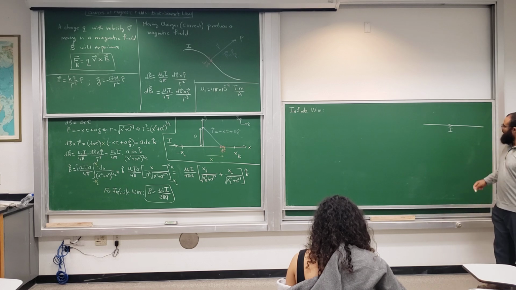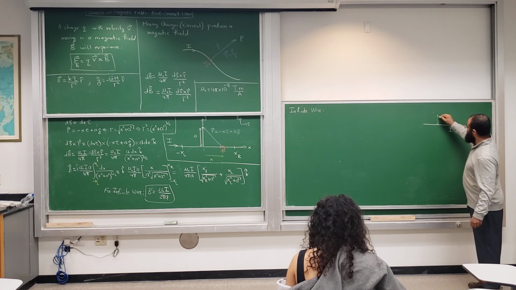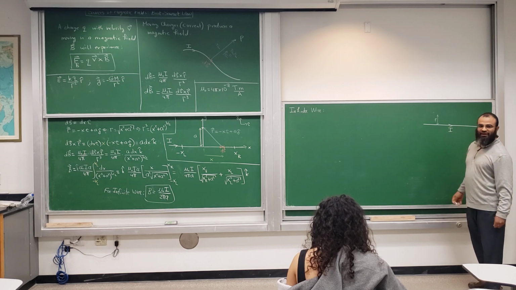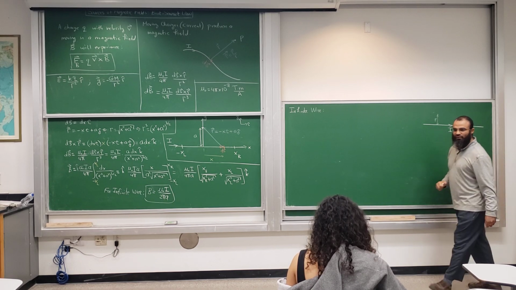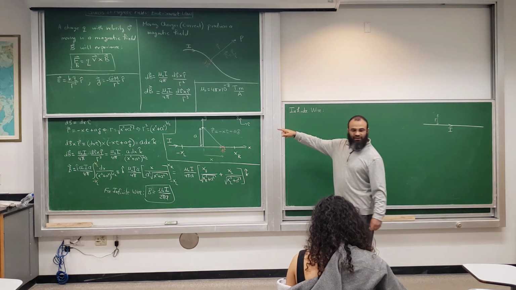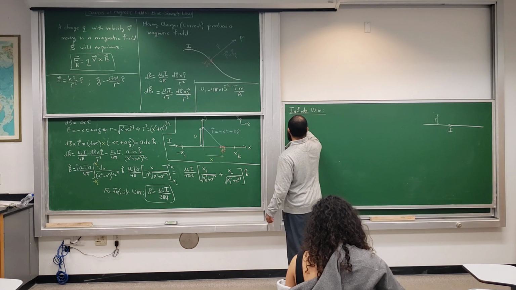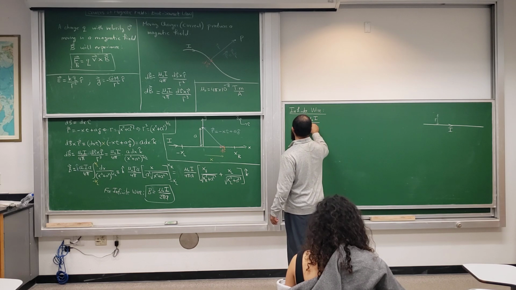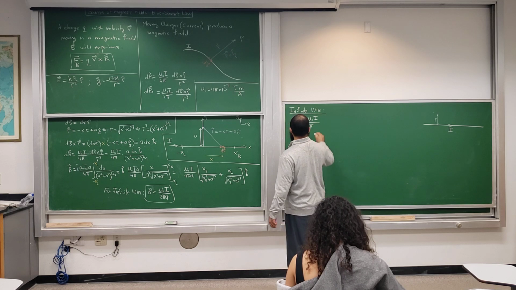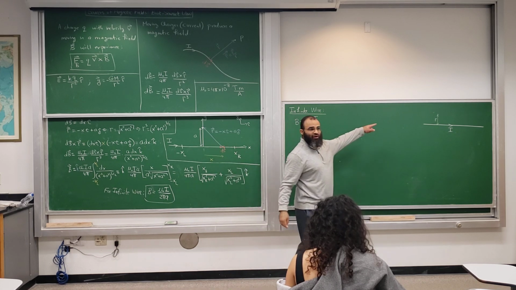And let's say we're a distance r away from the wire. What would the magnetic field be at distance r from the wire? We called this a earlier, right? I'm going to call it r now. What's the magnetic field? Mu naught times I over 2 pi what? Now the a became r, right? I'm calling it r now.